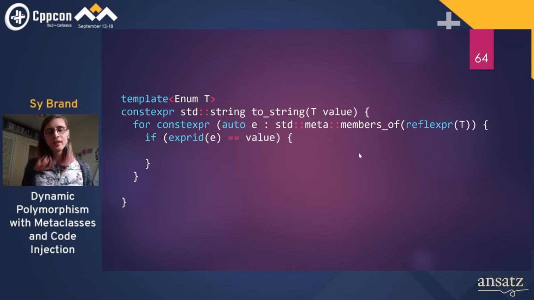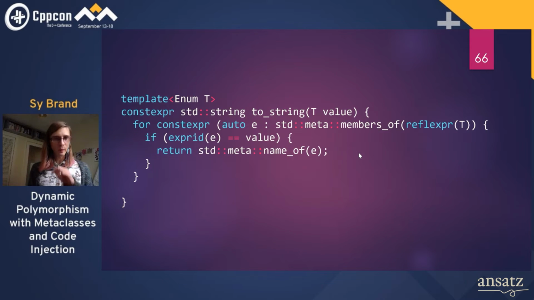Then we're going to check if the value we got for the function is that enumerator value. Is it green? Is it yellow? Is it red? Whatever. If it is, this unreflexpr changes the reflection information into an actual expression in the C++ world. And if it is the same, then we're going to return the name of that enumerator as a string.